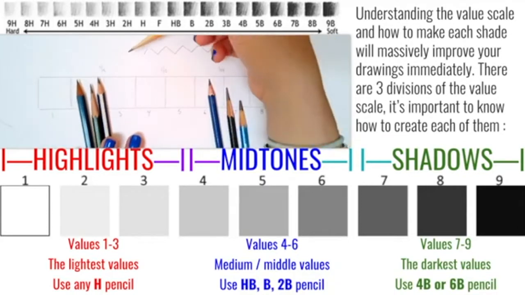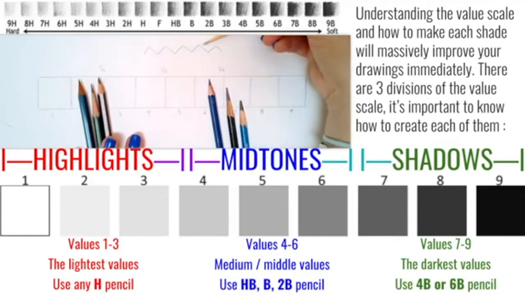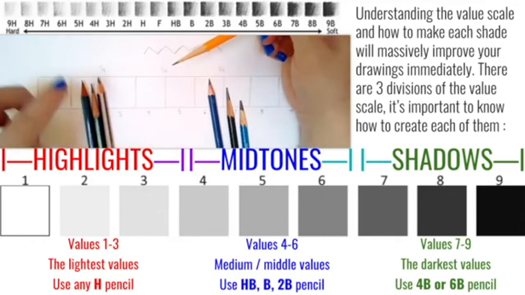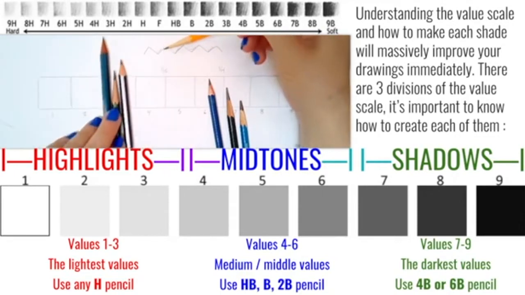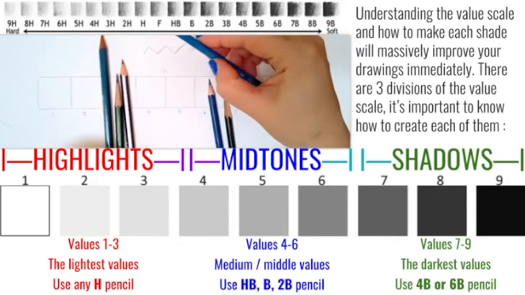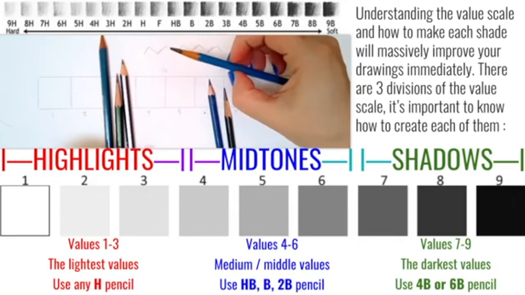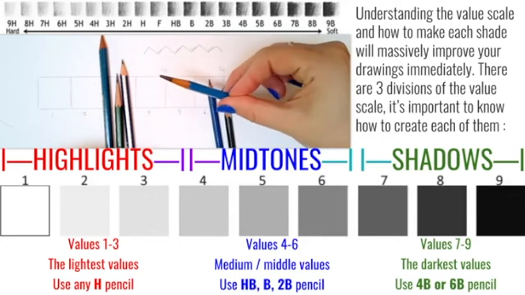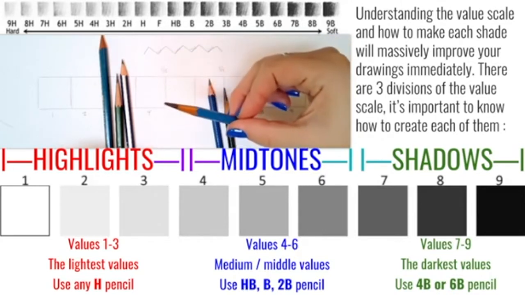And when you're dragging your pencil along that tooth, it's leaving behind graphite. So when you have a hard pencil, it's not going to leave behind a whole bunch of graphite, as opposed to a soft pencil that leaves behind a lot more. Since a soft pencil leaves behind more graphite, you have to sharpen it more frequently.